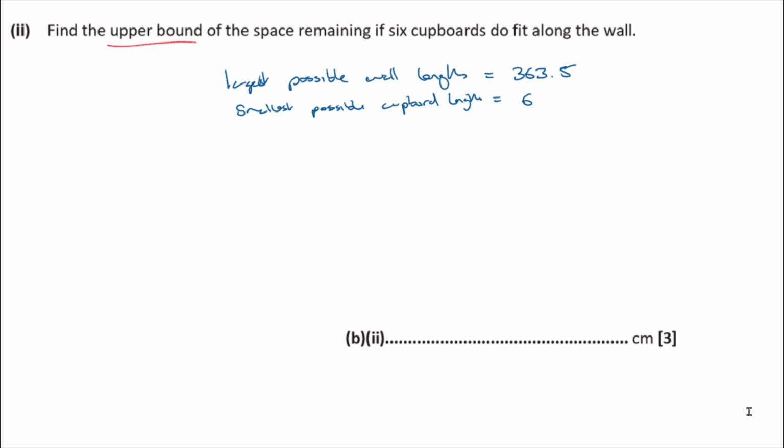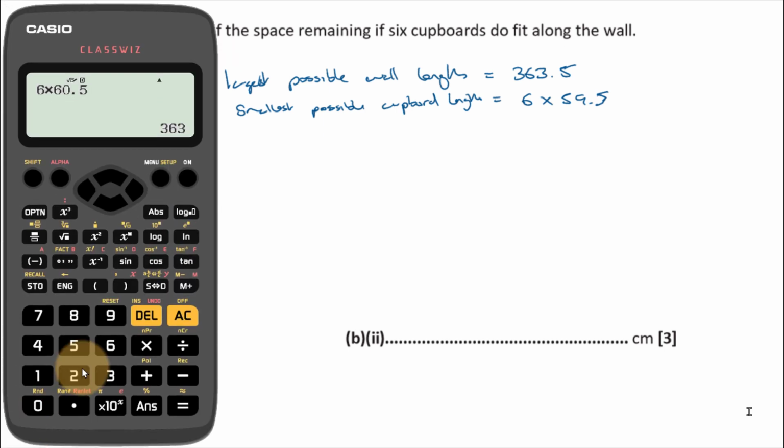which this time is going to be 6 lots of the lower bound of 59.5. So 6 times 59.5 comes out to be 357.